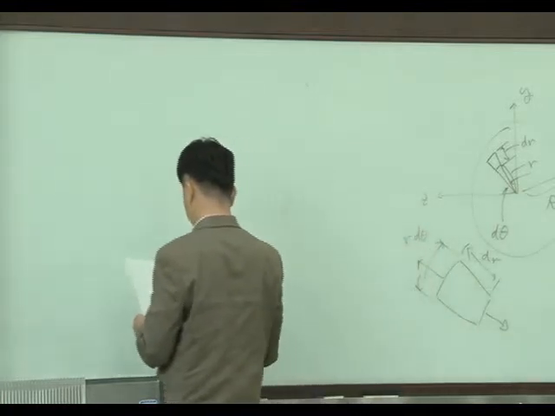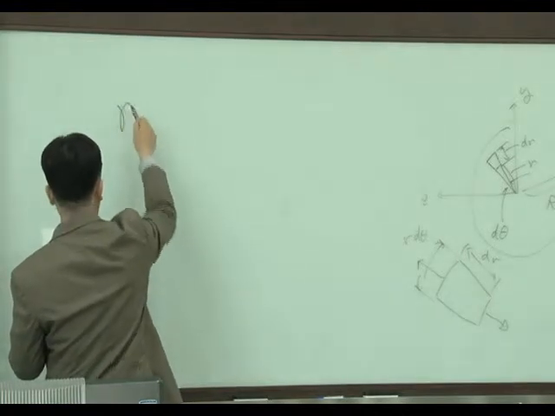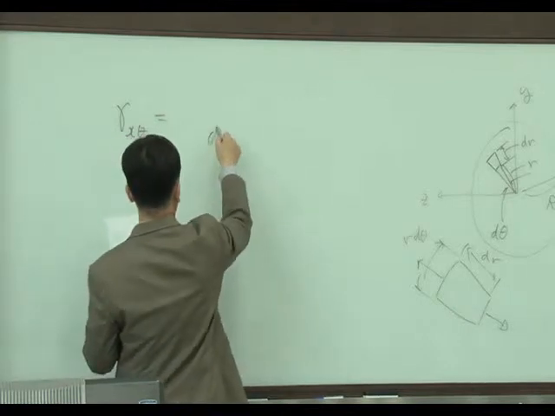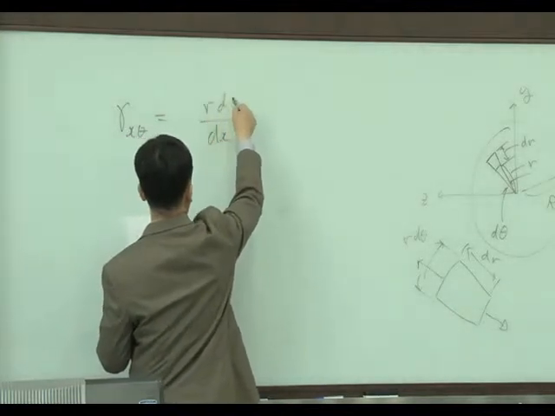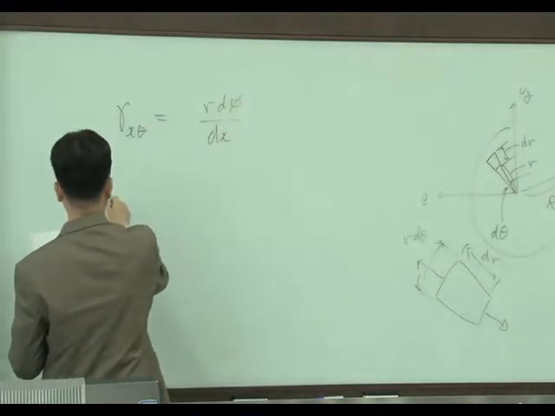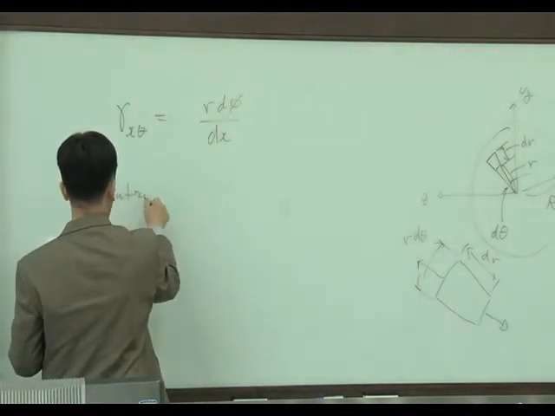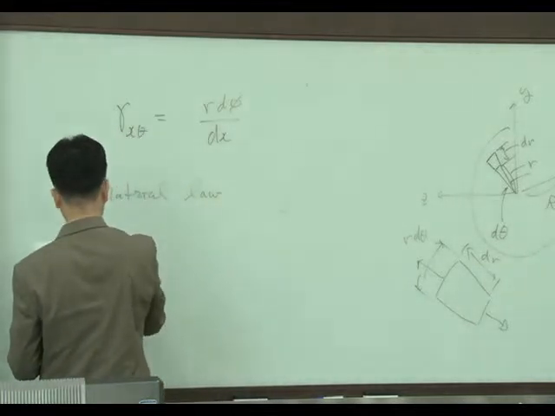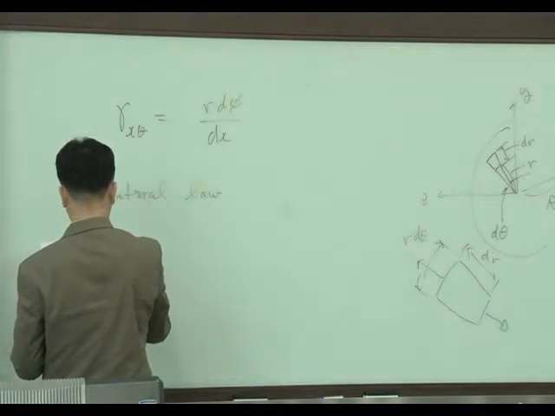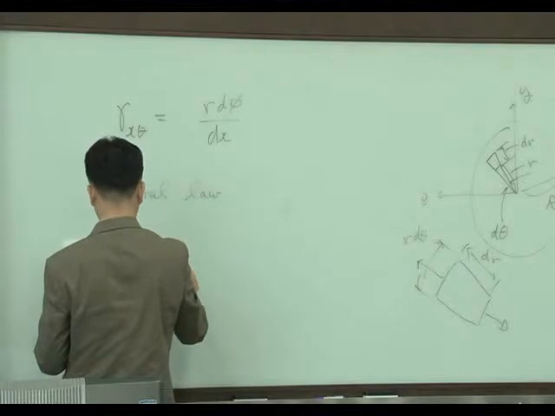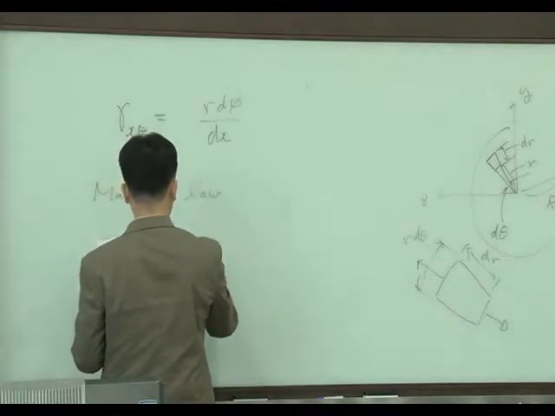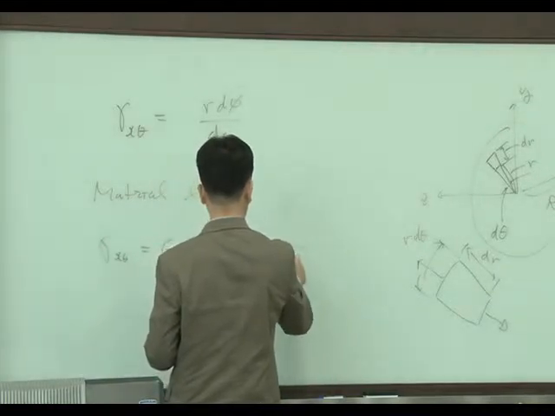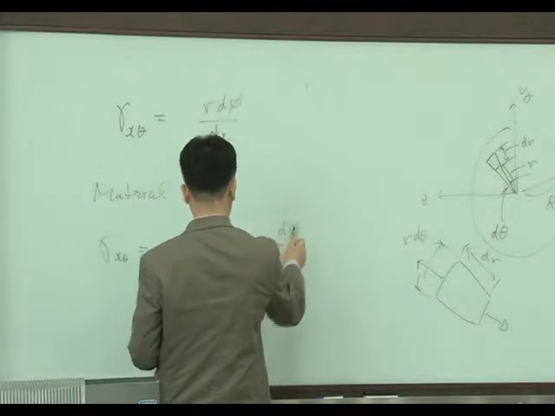Okay, so finally, the strain is the angle change, r d phi over dx, and here let's use the material law. Tau x theta equals G gamma x theta equals G r d phi over dx.